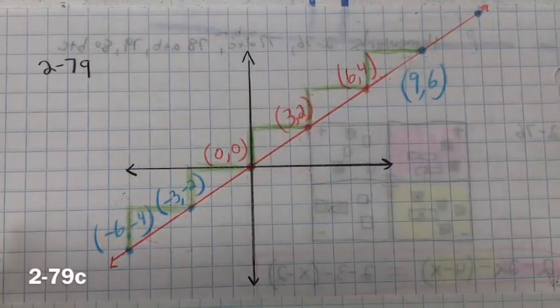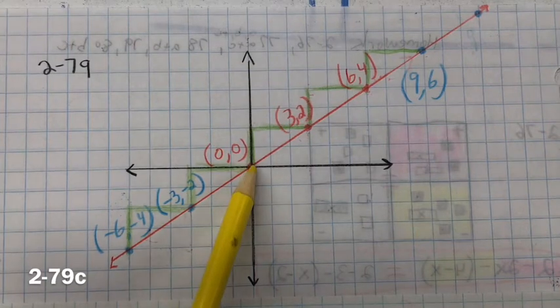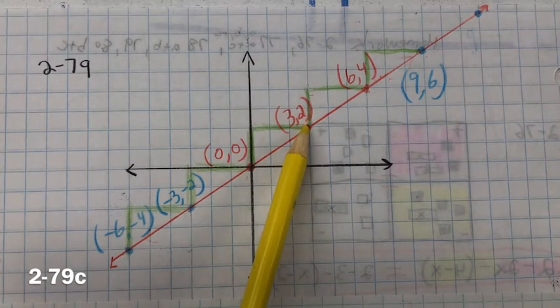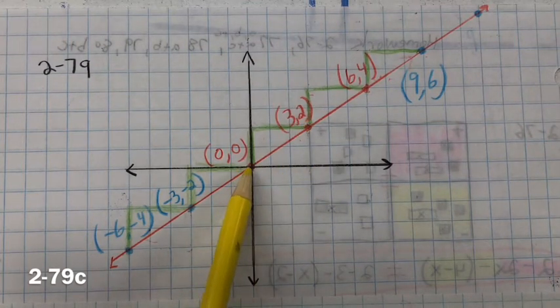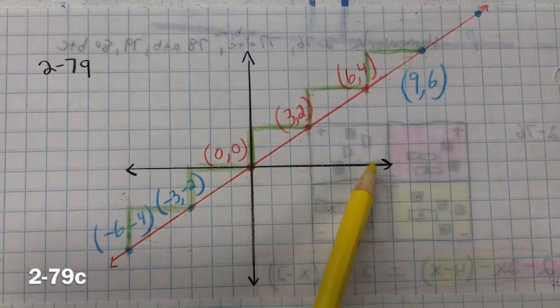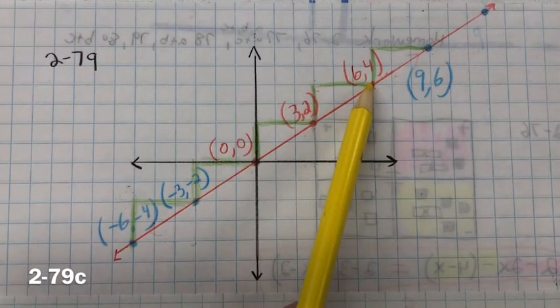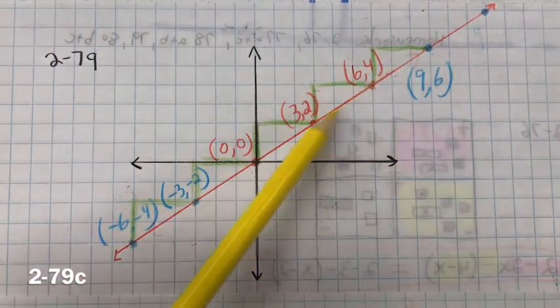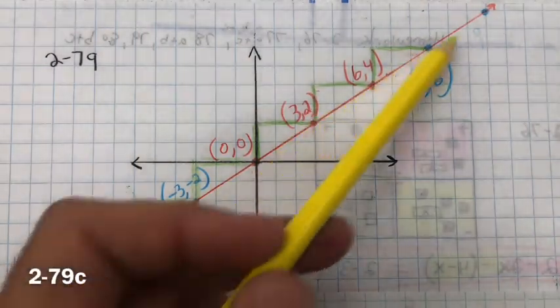Problem 279, I needed to plot the points 0, 0, here's 0, 0 at the origin, 3, 2, so that's 3 on the x, 2 on the y, and 6, 4, 6 on the x, 4 on the y. Now I needed to plot 3 more points on that same line, so I connected these points, I drew a line through these 3 points.